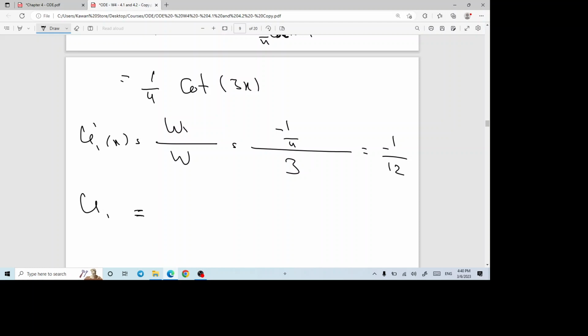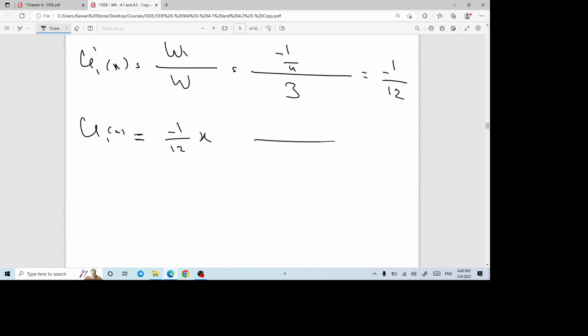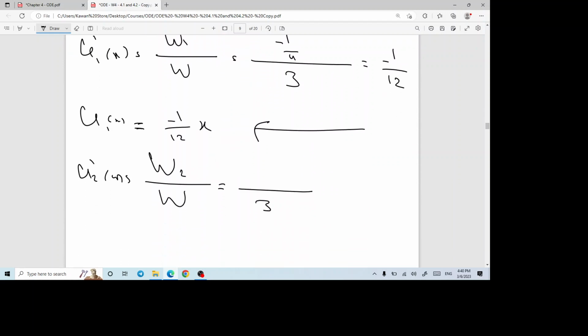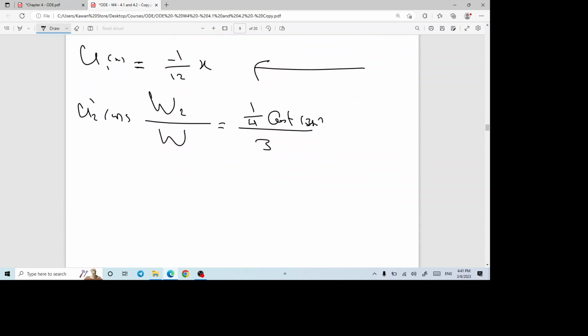We took an integral to both sides. Now, how about u2 prime? It is W2 over W, which is 1 over 12 cotan of 3x.